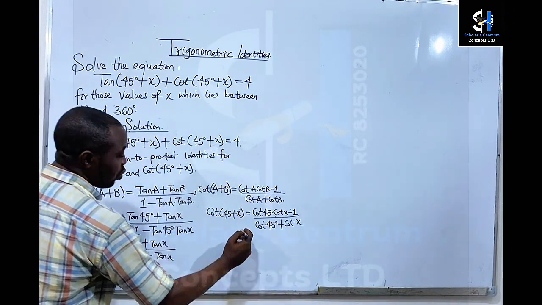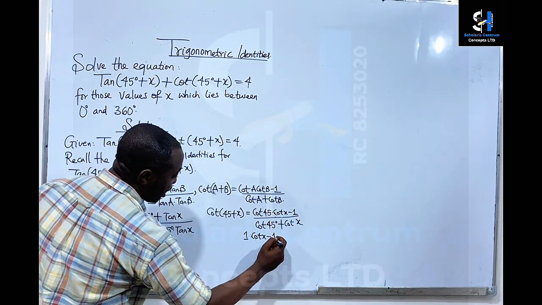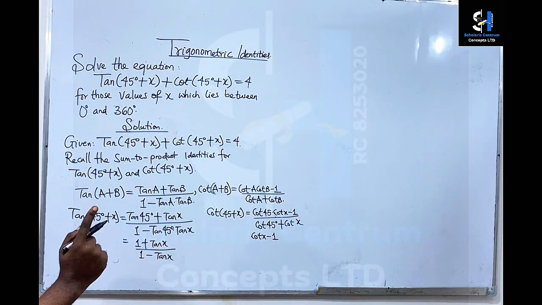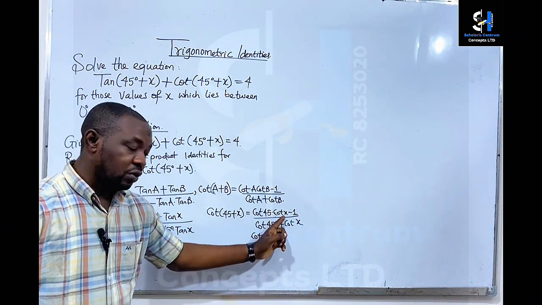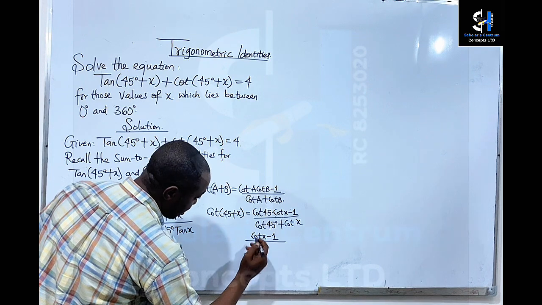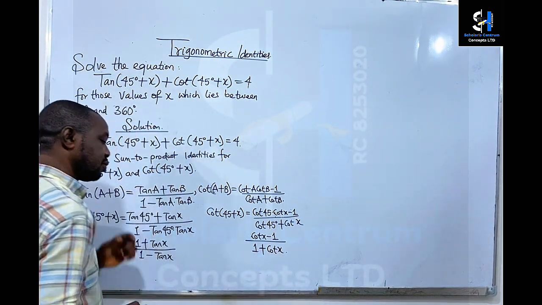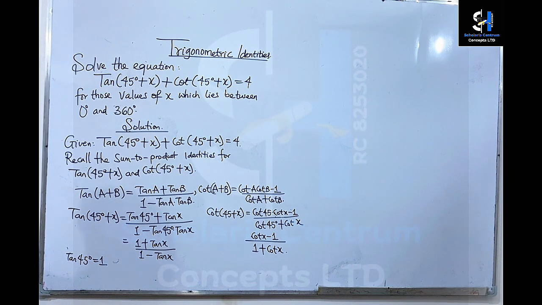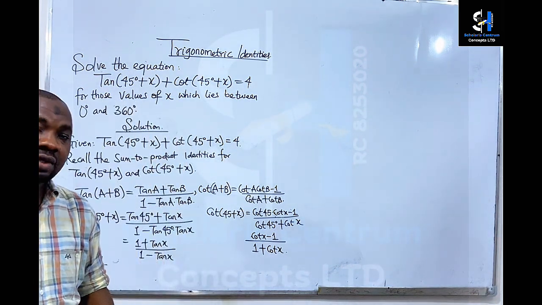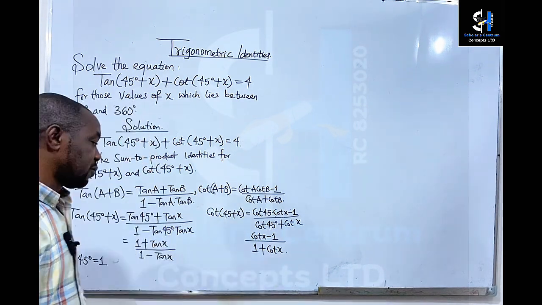Since cot 45 degrees is 1, we have cot x minus 1 divided by 1 plus cot x. Now we know that cot x is the reciprocal of tan x.